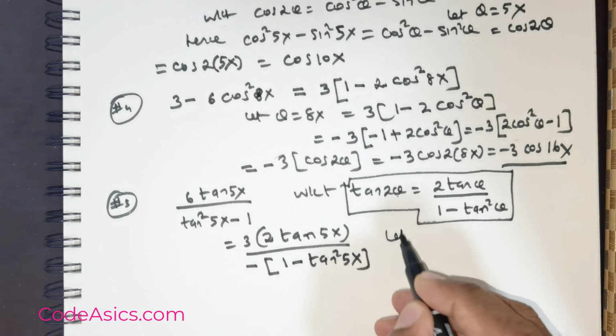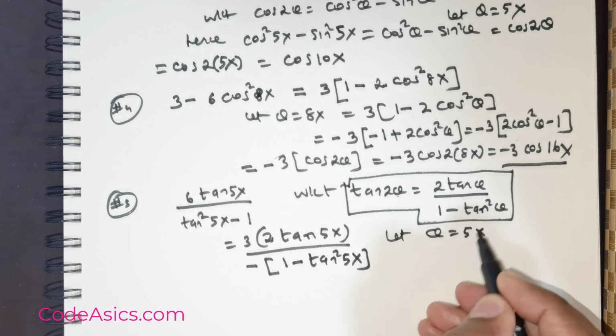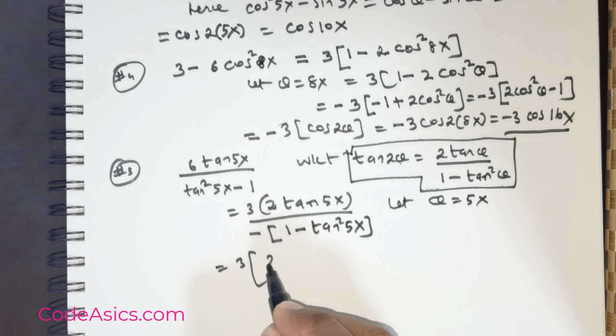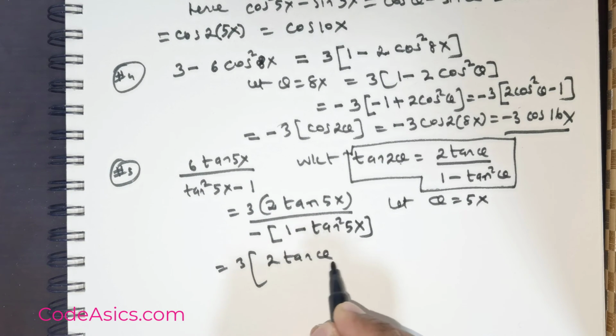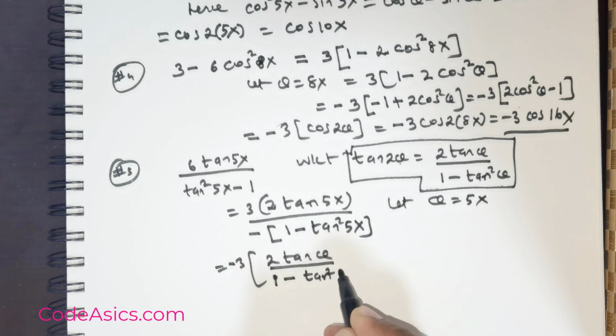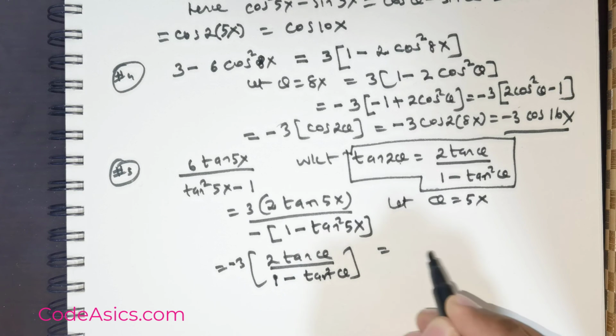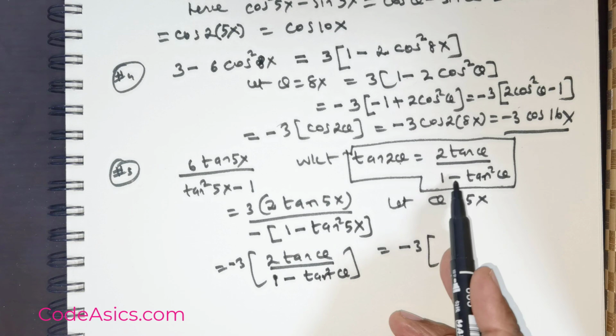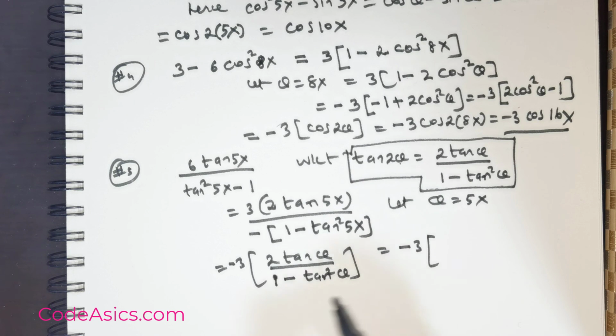Now if I take theta to be equal to 5x, then I can rewrite this as 3 times of 2 times tan theta divided by 1 negative tan squared theta, with the negative sign placed there, which is nothing but negative 3 times of, as I mentioned to you, 2 tan theta divided by 1 negative tan squared theta is tan 2 theta.